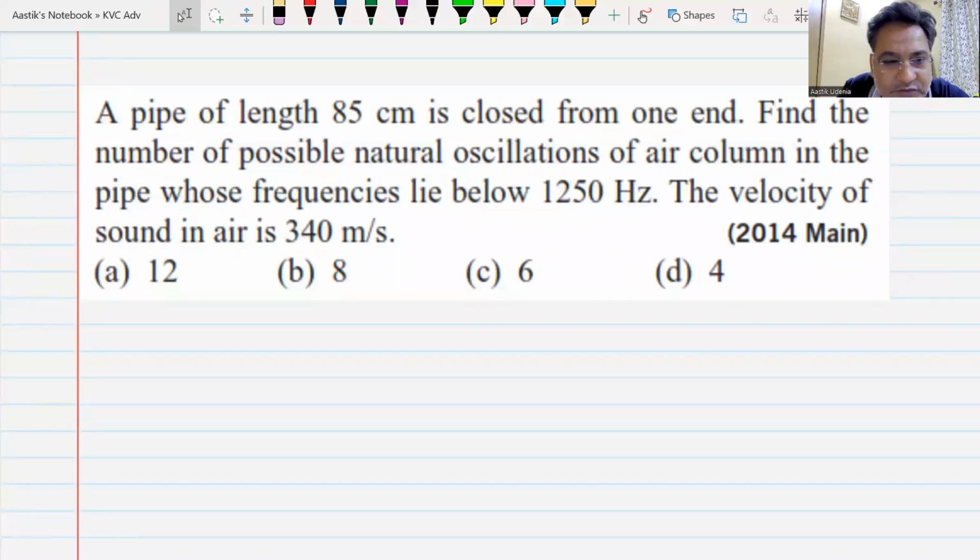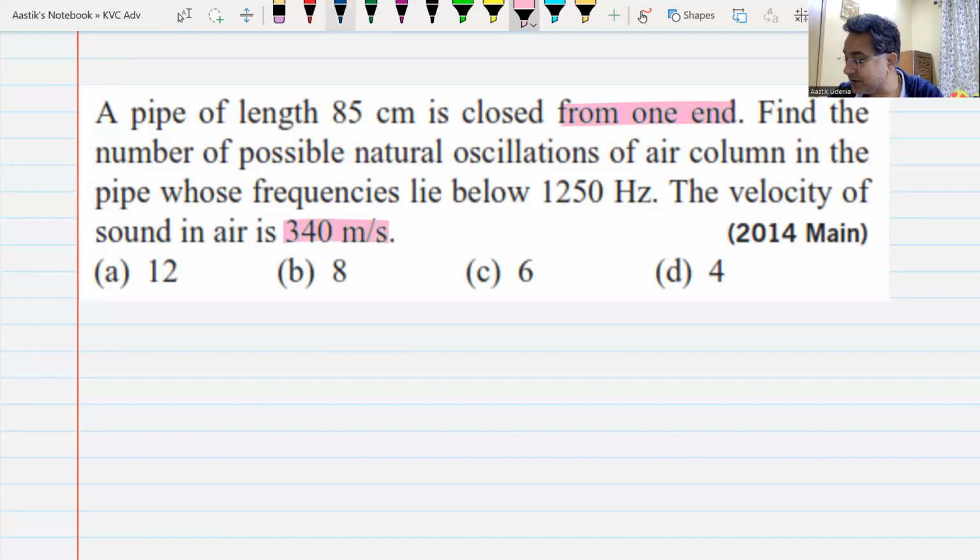So how are you supposed to do this whenever such a question comes, where they ask how many are possible? It is a pipe closed at one end. You can find the fundamental frequency. Speed is also given, 340.